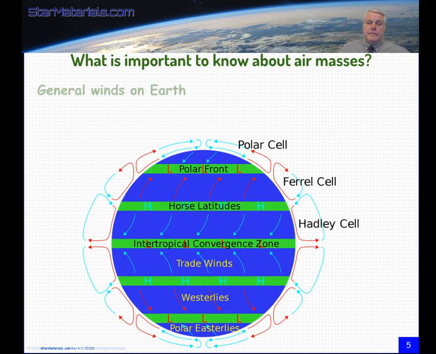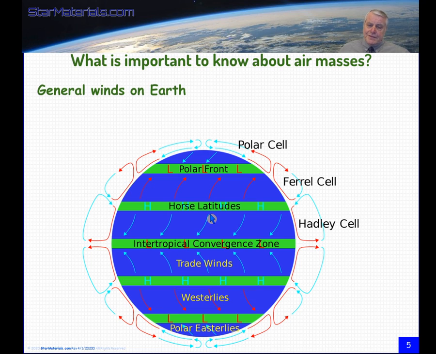Now, because they move, they generate wind. And we have some general winds on the Earth. You see the direction here, and this is because air is being heated, it's rising in the atmosphere, and where it cools it forms these bands. So on the surface, they're going in this direction.